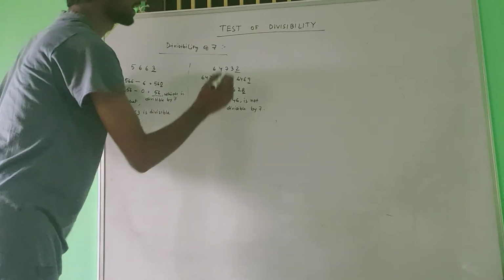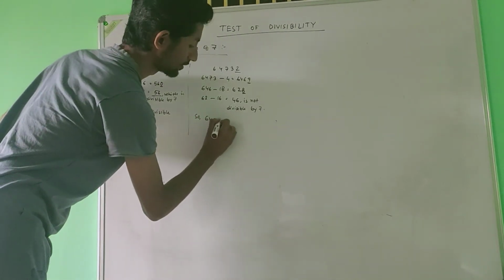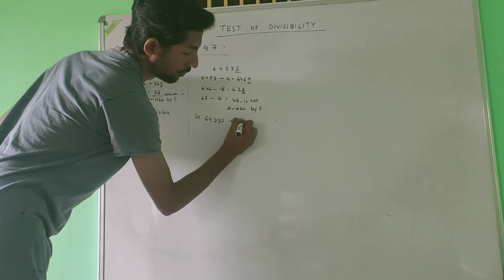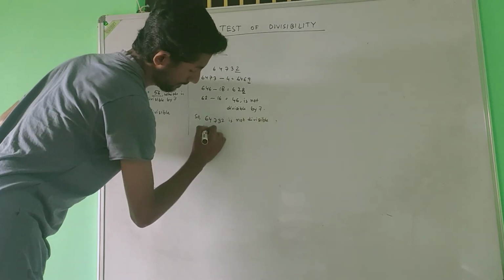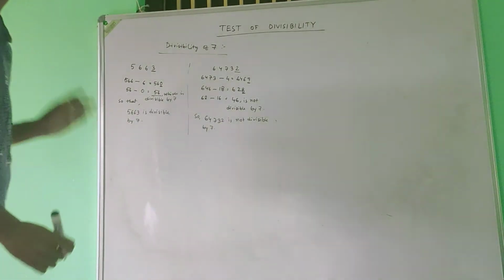So we can write 64732 is not divisible by 7. I think it's clear.